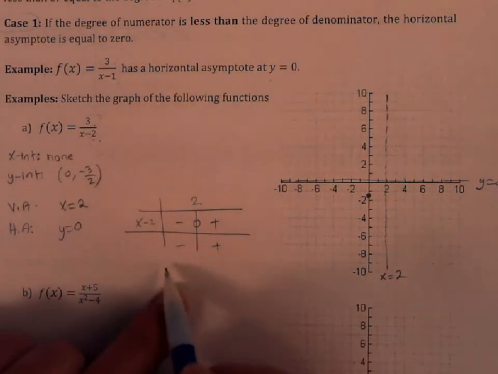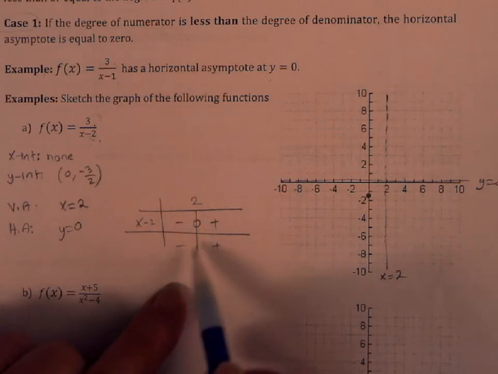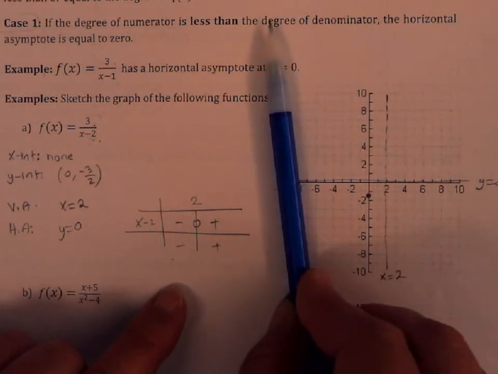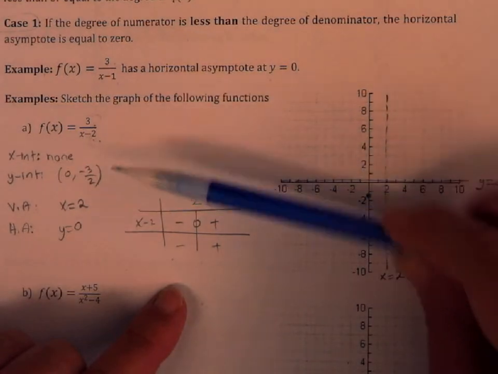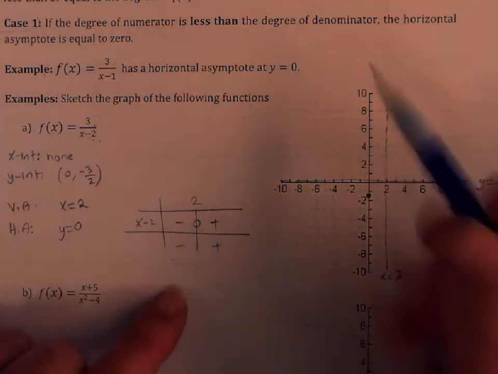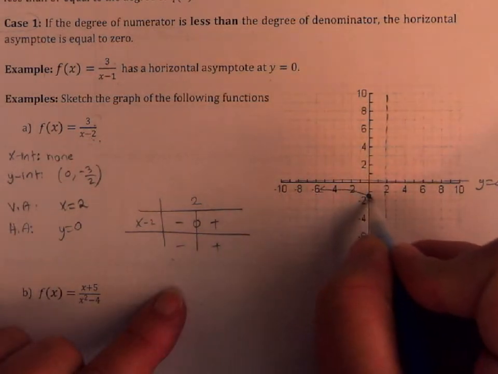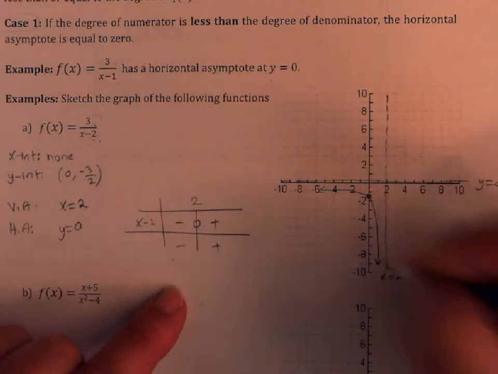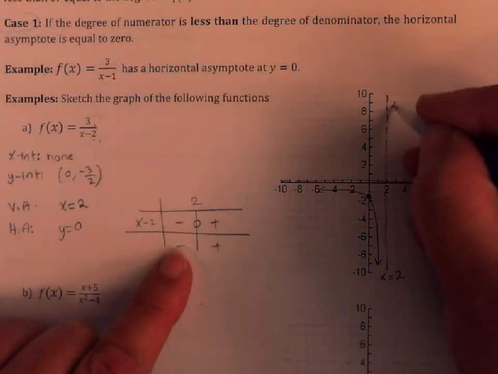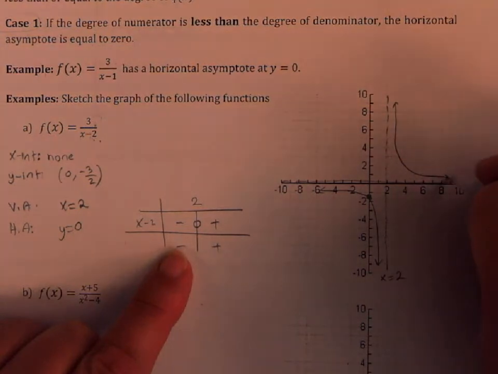Okay, so looks like when x is less than 2, the function is negative. When x is less than 2, the function is gonna be below the x-axis. So you're gonna draw it here. Okay, so when x is greater than 2, the function is positive. So it's gonna be here.